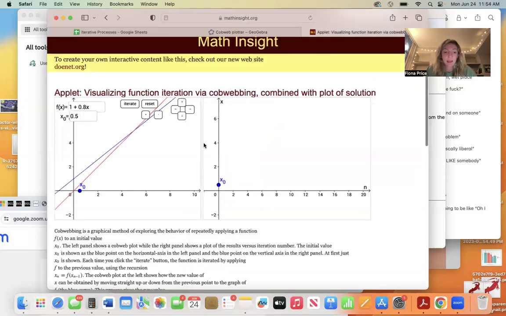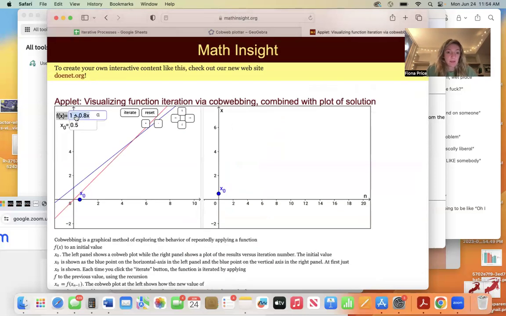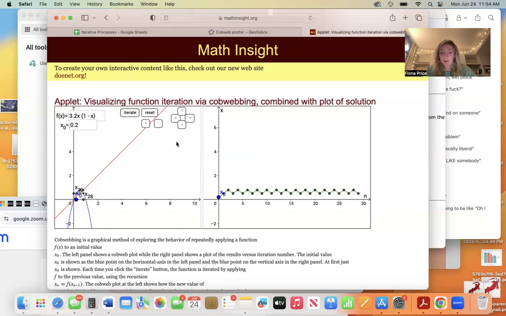Now let's check in Math Insight. So again, we'll put in our formula, which was 3.2x times 1 minus x, and x sub 0 is going to be 0.2. Now let's iterate. And we can see with this line here that it's alternating between two values.